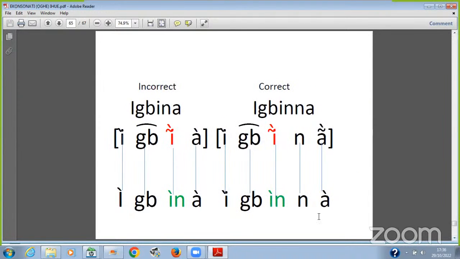So this is another wrongly written word we have to look at.